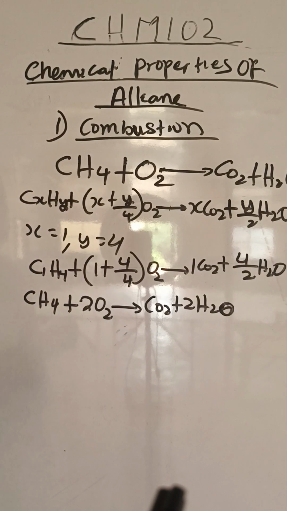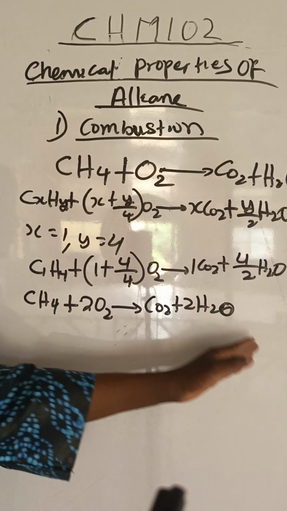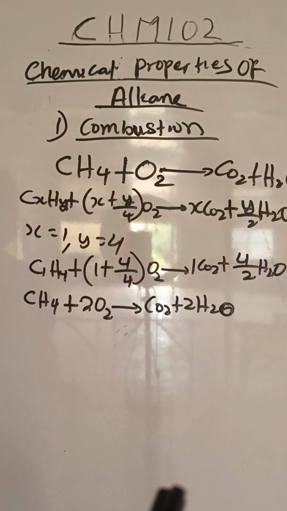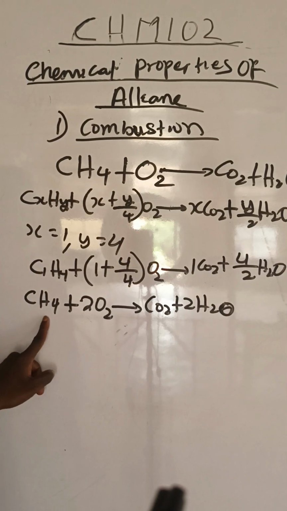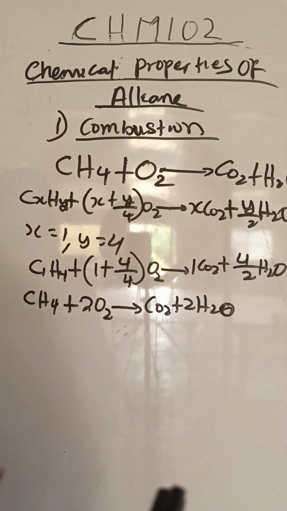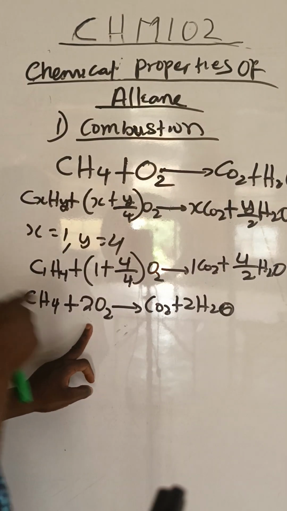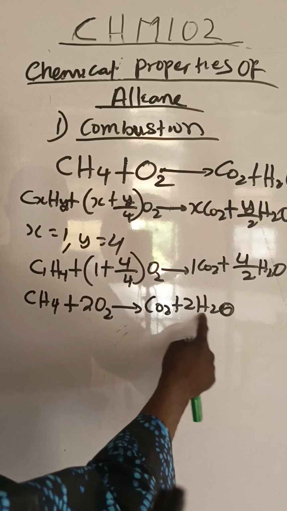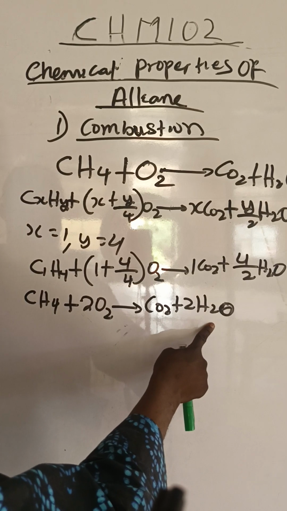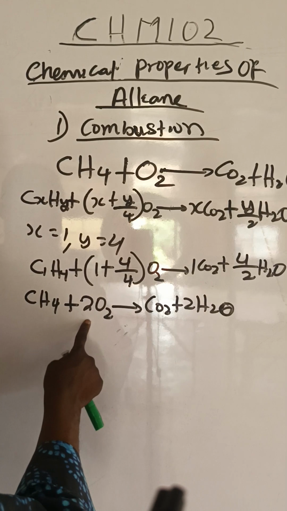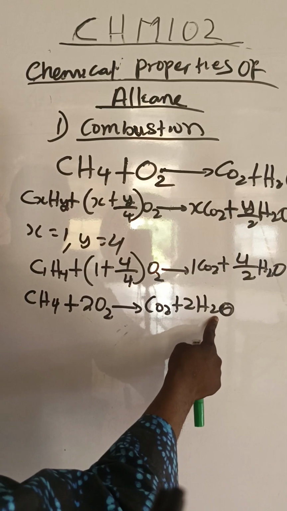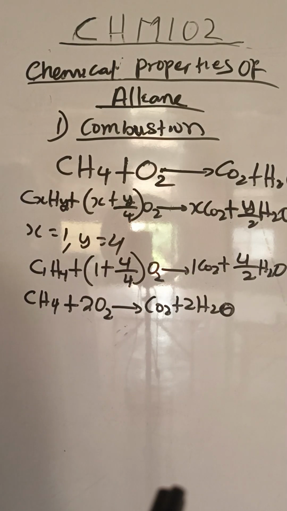So this is the reaction. If we check it very well, the reactant side and the product side, the reaction is balanced. We have 4 hydrogen here, we have 4 hydrogen here. We have 4 oxygen here, 2 oxygen here, 2 oxygen here. So the reaction is balanced.